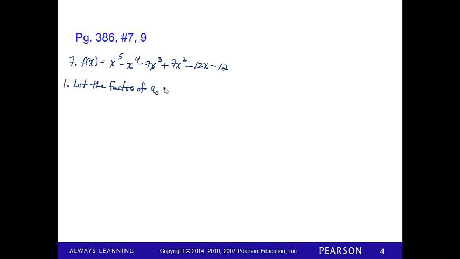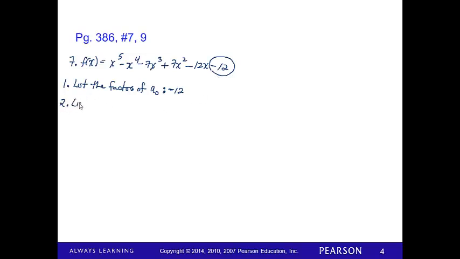Let's go in our books to page 386. Let's look at number 7. It says, use the rational zero theorem to list all possible rational zeros for each given function. So number 7, we have f of x is equal to x to the 5th power minus x to the 4th power minus 7x to the 3rd plus 7x squared minus 12x minus 12. So the first thing we need to do is list the factors of the constant term, which in this case is negative 12.